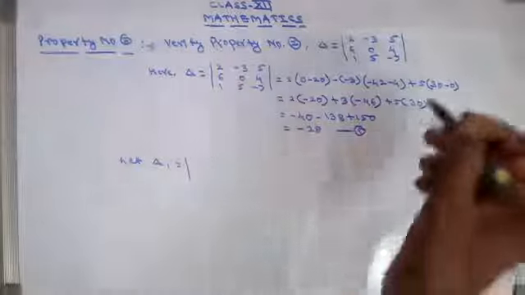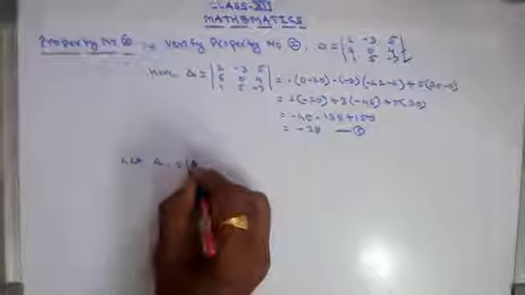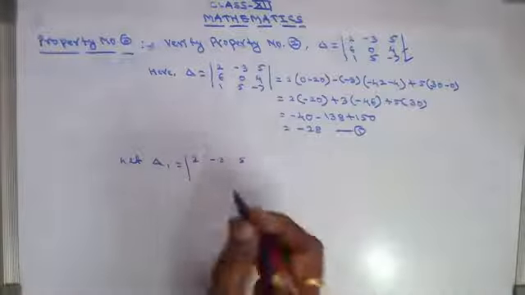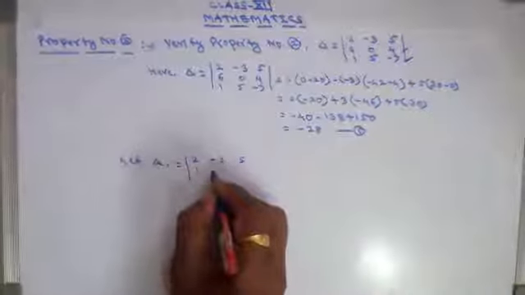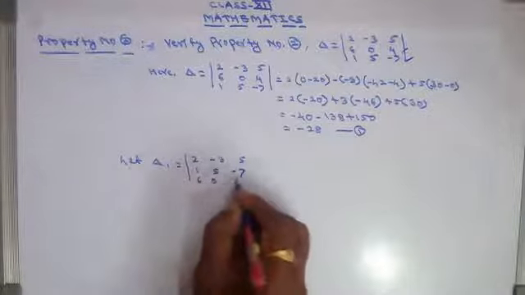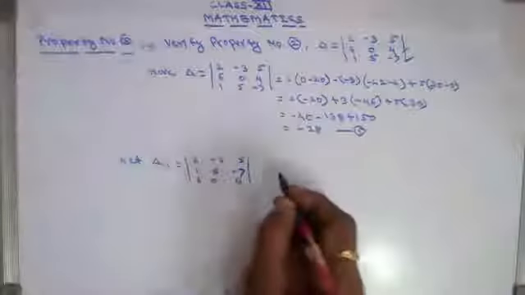Or you may take R2 and R3. Okay, 2 minus 3 5. I am interchanging R2 and R3. So 1 5 minus 7, then 6 0 4. Okay, now expand this.